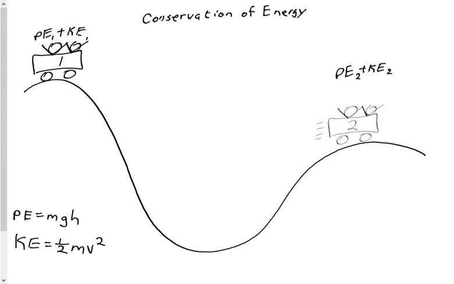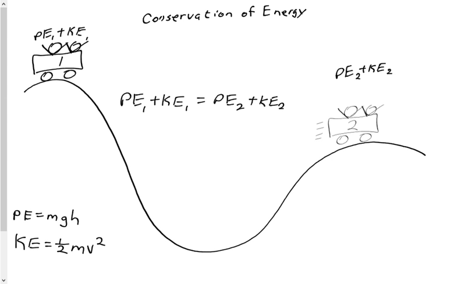Generally speaking, the question that might be asked is, what is the velocity when going over hill 2? Basically we're going to say that the potential energy at position 1 plus the kinetic energy at position 1 equals the potential energy at position 2 plus the kinetic energy at position 2.